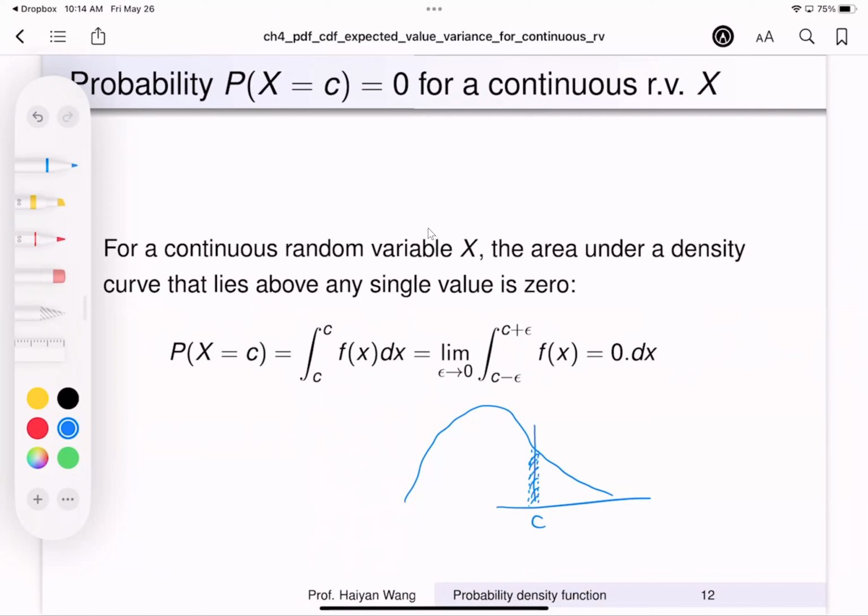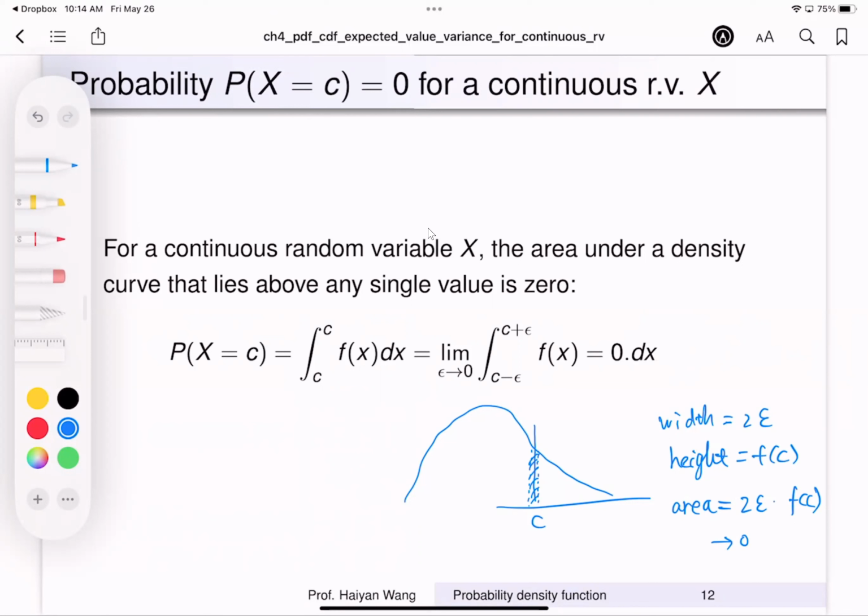The width is twice this small epsilon, and the height is equal to the density at that value, so the area is 2 epsilon times the height, and therefore this goes to zero as epsilon gets close to zero.